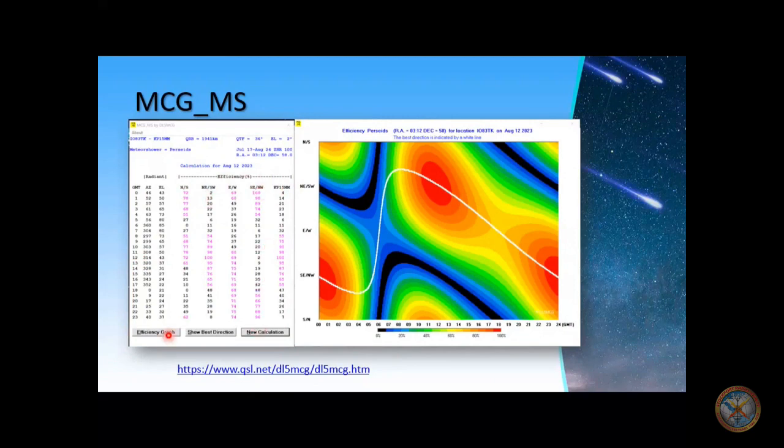And you can then click on efficiency graph and show best direction, and that will show you the graph on the right. So red is good, black is hopeless, or at least you can't use any shower meteors for that. If you do a contact, then it's either a different shower or sporadic meteors you're using.